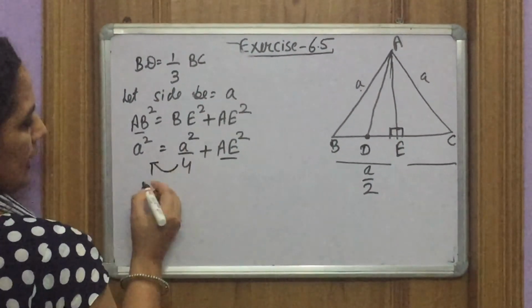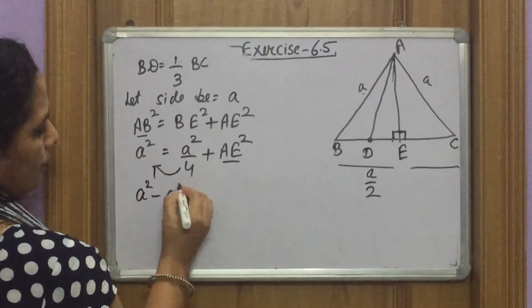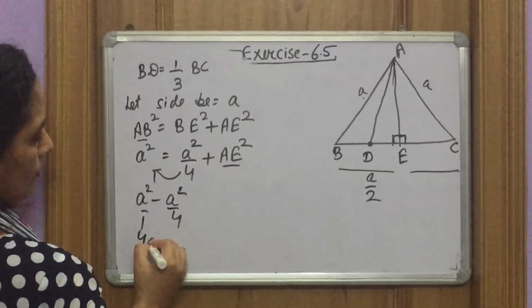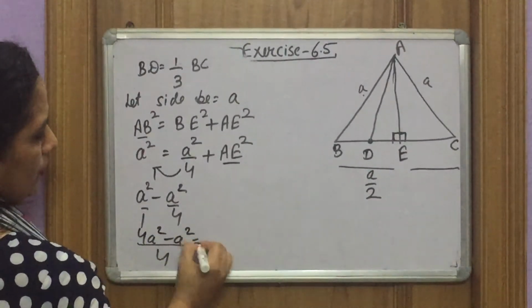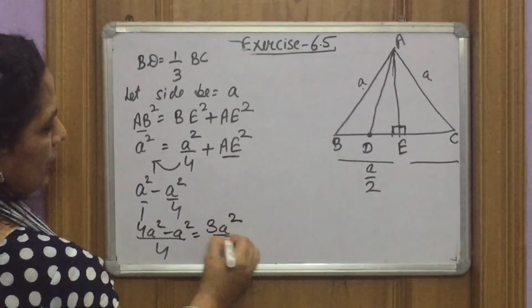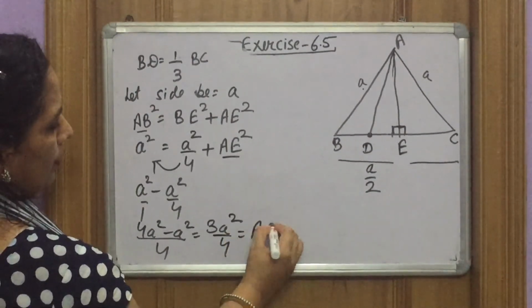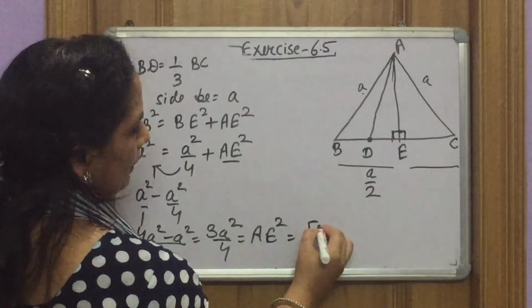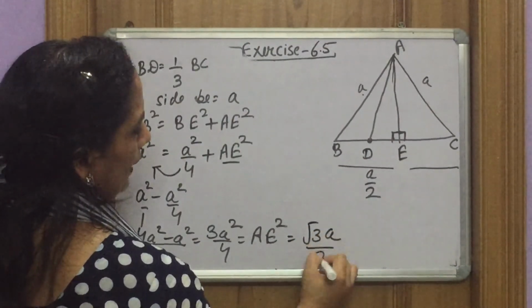Transpose this term to the left hand side. So it will be equal to 3a square by 4. When we remove the square, then it will be equal to root 3a by 2.